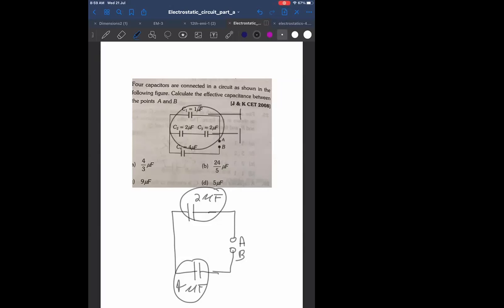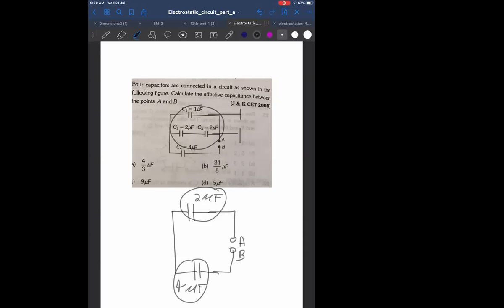Varsha, correct? Rajvi, Hetvi, Varsha, correct. Virali, tell me, are you getting the answer?